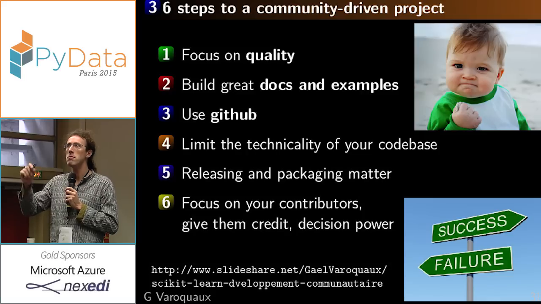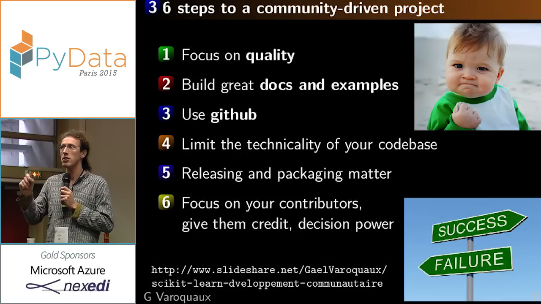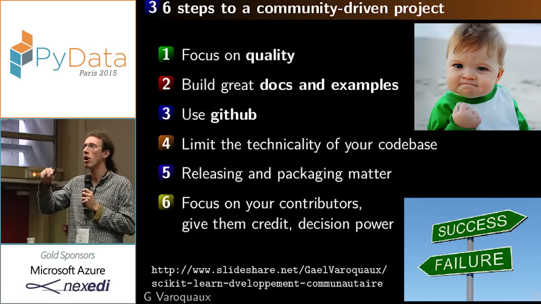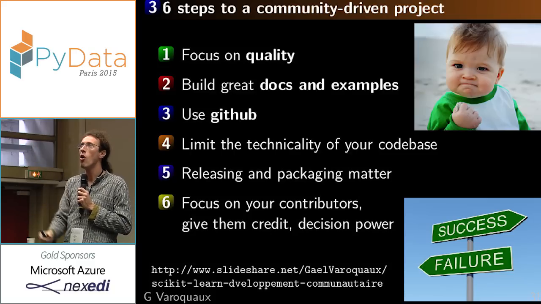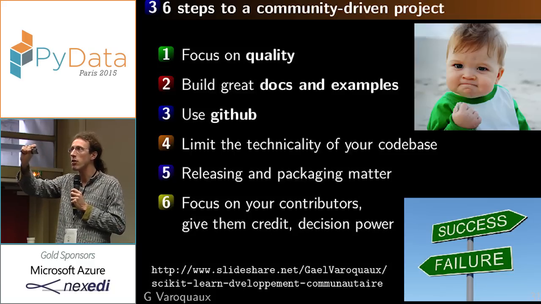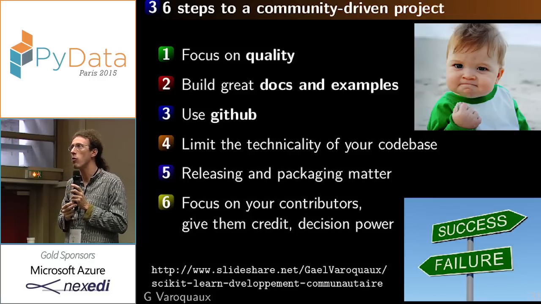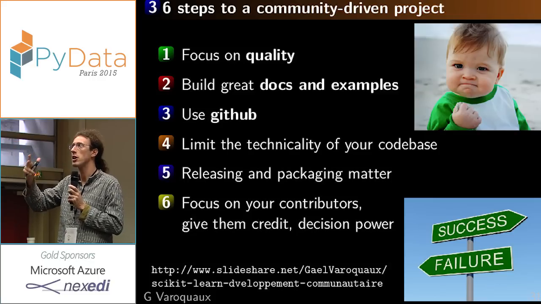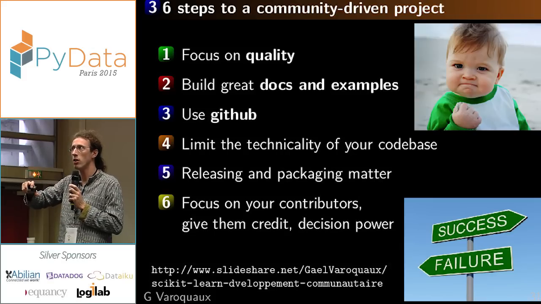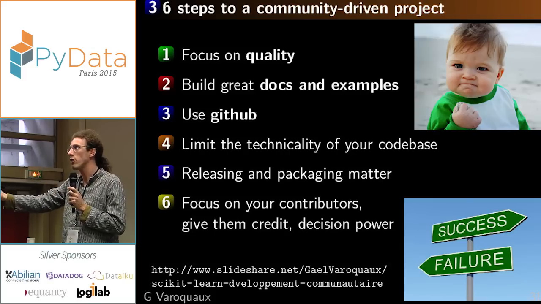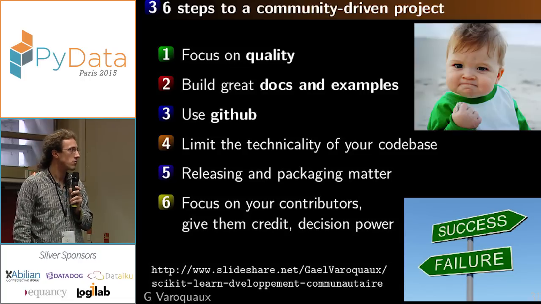If you put too many very complex things in your code base, the number of people that can contribute to it will dwindle to something tiny. For instance, if I want you to understand medical imaging, 3D visualization, and machine learning, because this is the problem I'm trying to solve, I'll get a handful of people working on my code base.